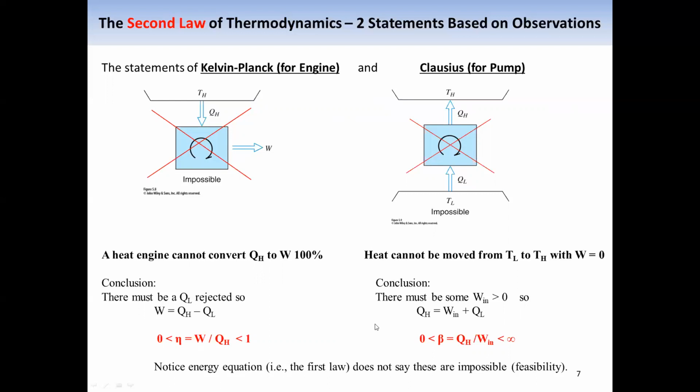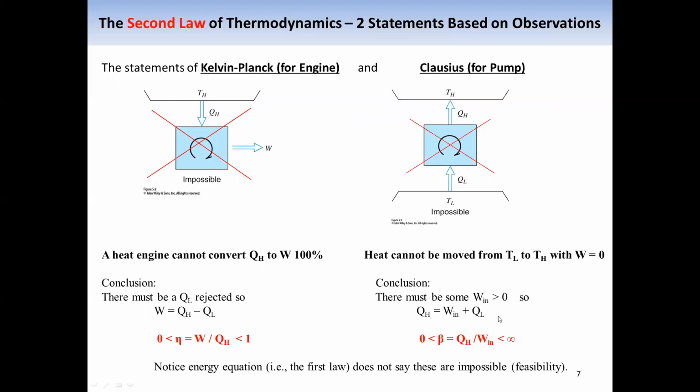And then if we look at the Clausius statement for heat pumps, we see that we must have a W term greater than 0 in order to run the air conditioner or refrigerator.